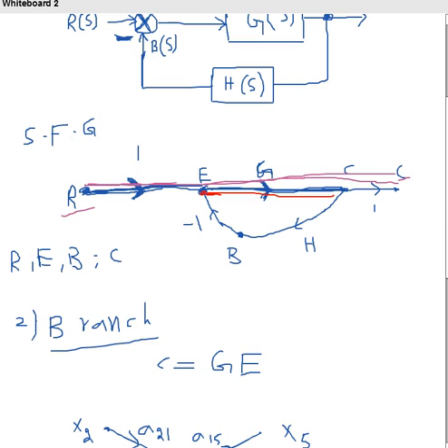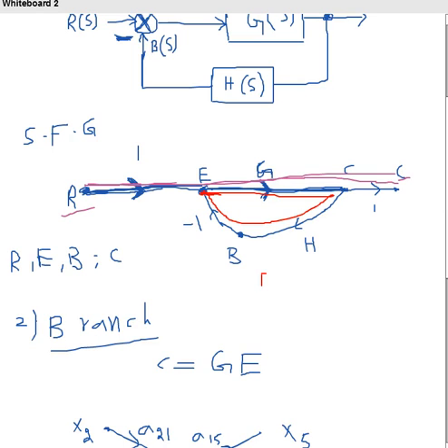E and C is one branch, and C, B, B, E, three branches are there. It is connected, and the branch arrows are also shown. This path originates and terminates at the same node. E is the starting node and terminating node. So this is the loop.